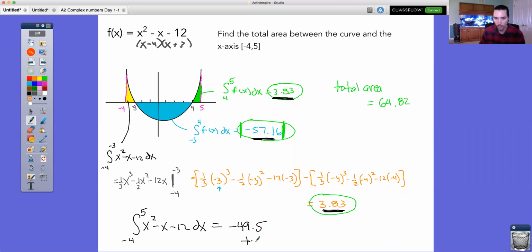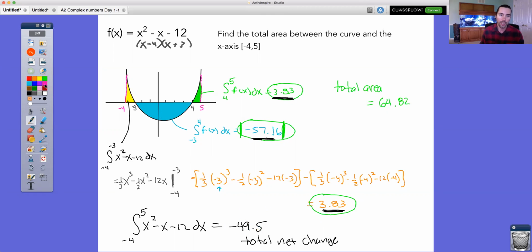This is my total net change. This is the integral from -4 all the way through to 5. That's going to preserve the sign of everything in blue. There's more blue than there is yellow and green, so the negative blue outweighs the yellow and green, which is why my answer would be -49.5.